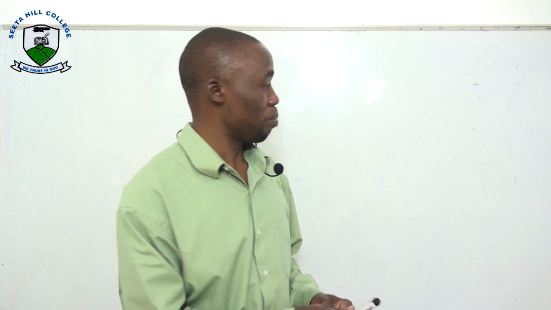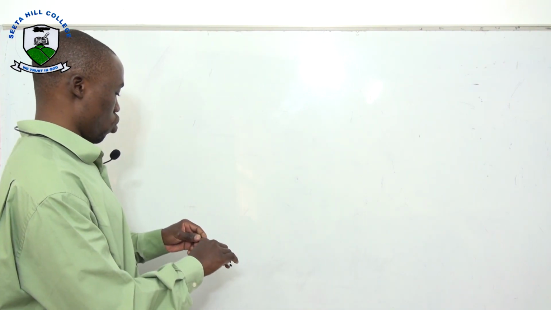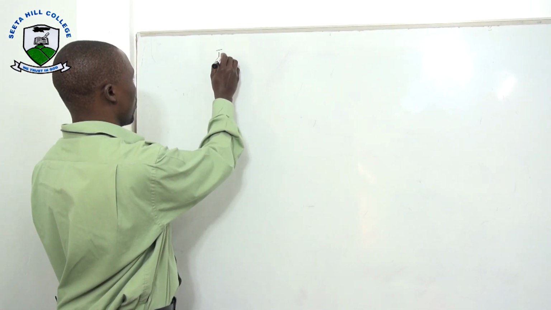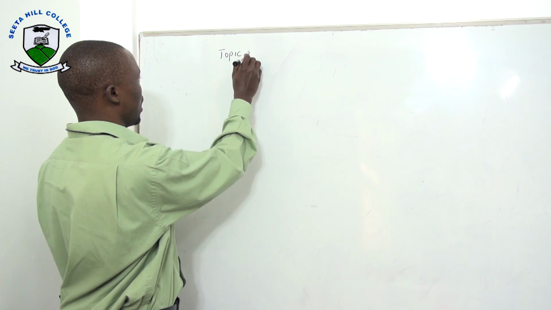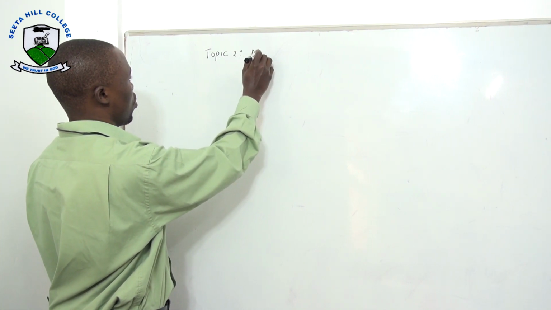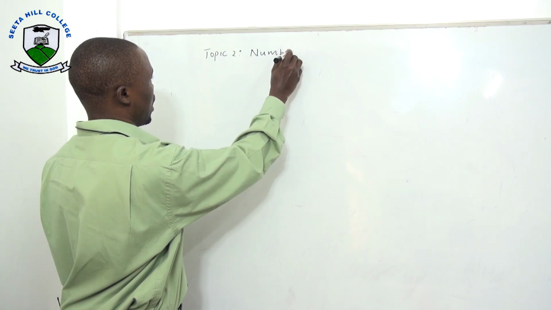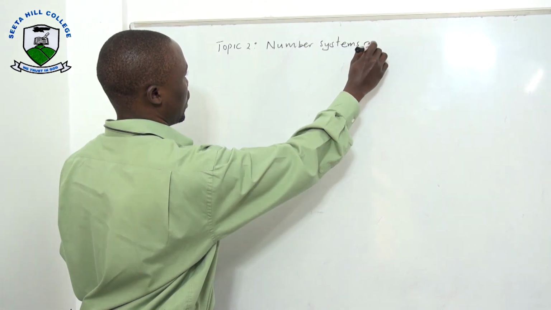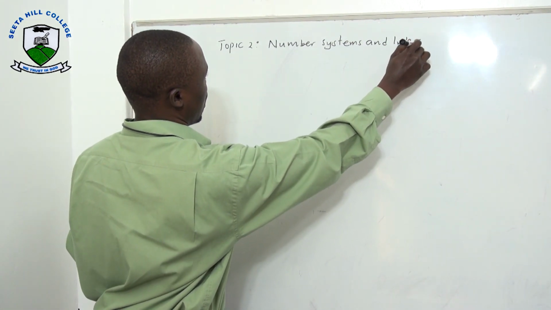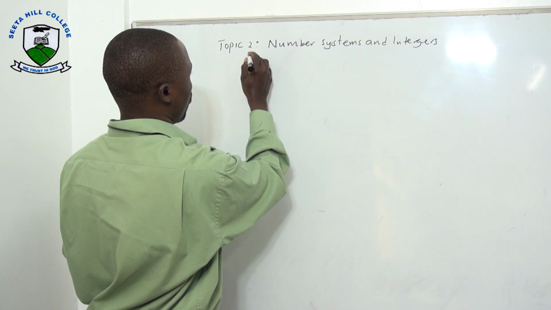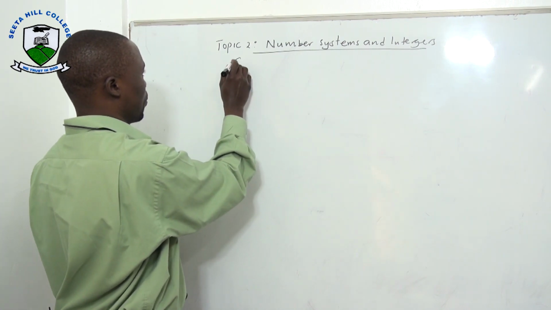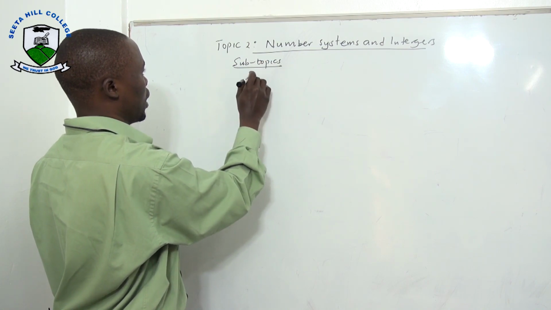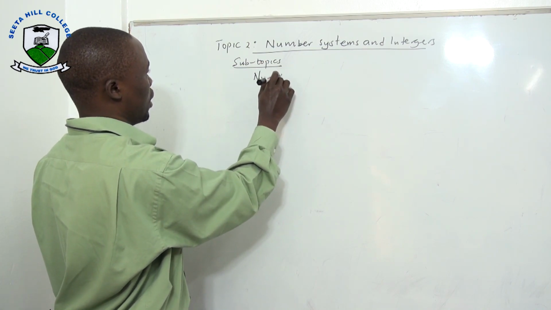Now let us put the topic that we said we would put. That's topic 2. Remember, topic 1 was number bases. Then topic 2 is number systems and integers. That means there are 2 key subtopics where we shall visit numbers, number systems.